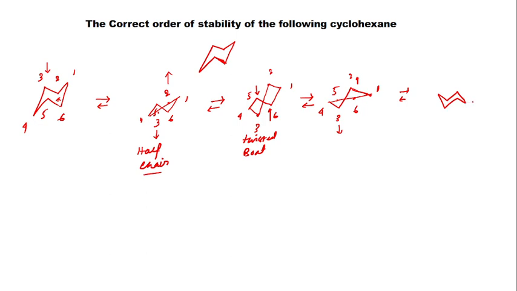So 1 will be here, 2 will be here, and 4 will be here. So it will be 3. Sorry, this will be 5. This will be 6. This will be 4. And this will be 3.